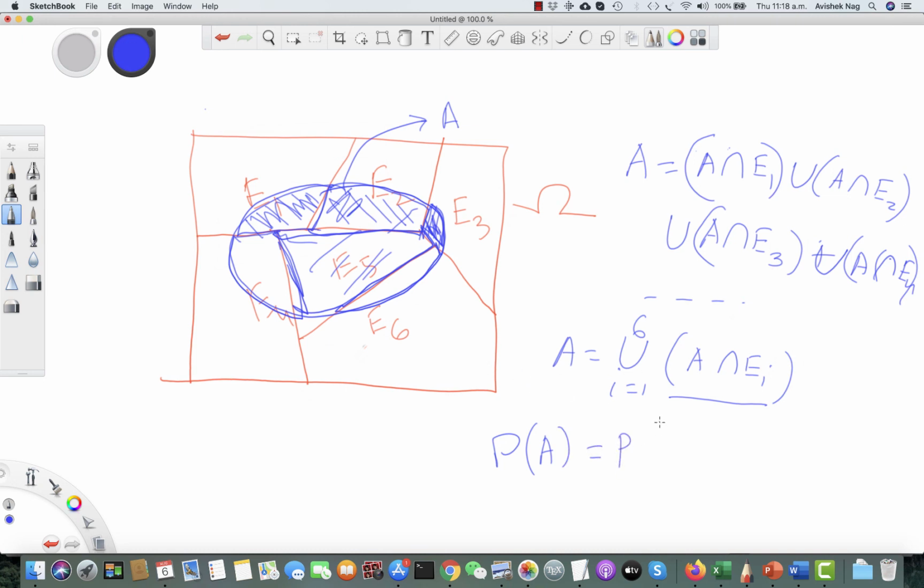This is the probability of the union of all these mutually exclusive events, and since these events A intersection Ei are mutually exclusive, you can write this as a sum, from axiom 3 of probability theory, from i equal to 1 to 6 of probability of A intersection Ei.